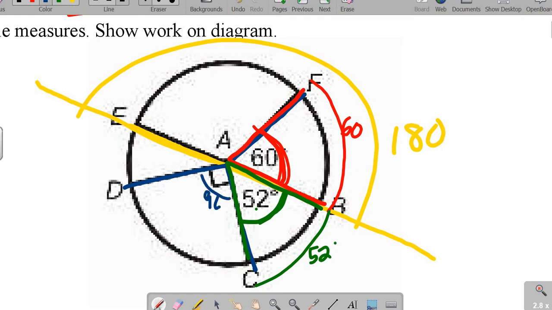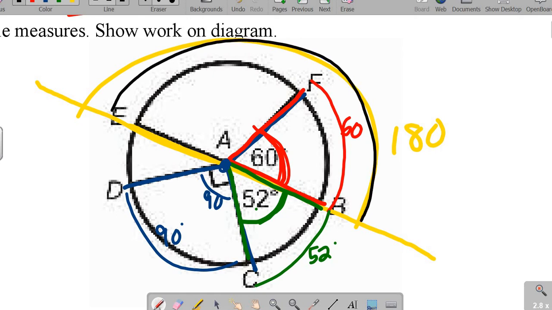If this is 90 degrees, central angle, this arc is 90 degrees. If that's 180, physically trace this, and this is 60, then you see here 180 minus 60, that's 120 degrees, which makes this 120 degrees.